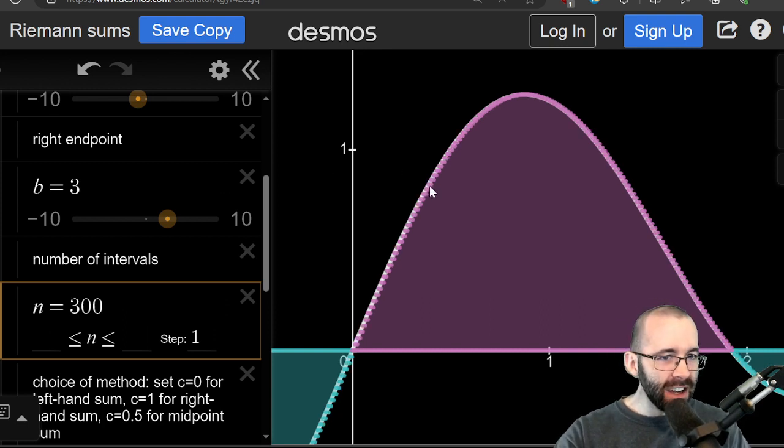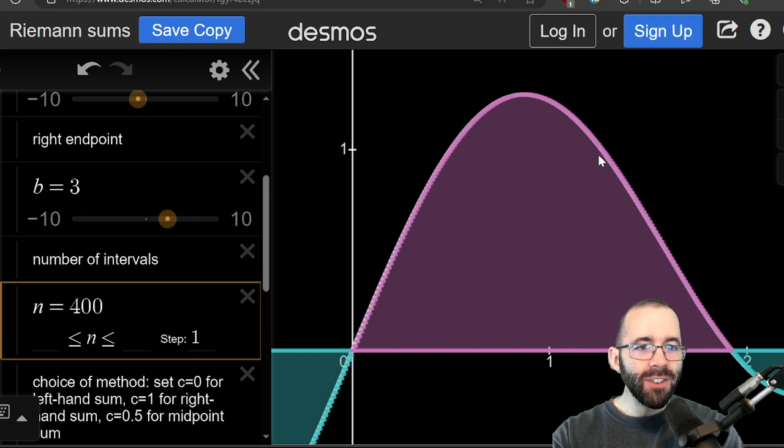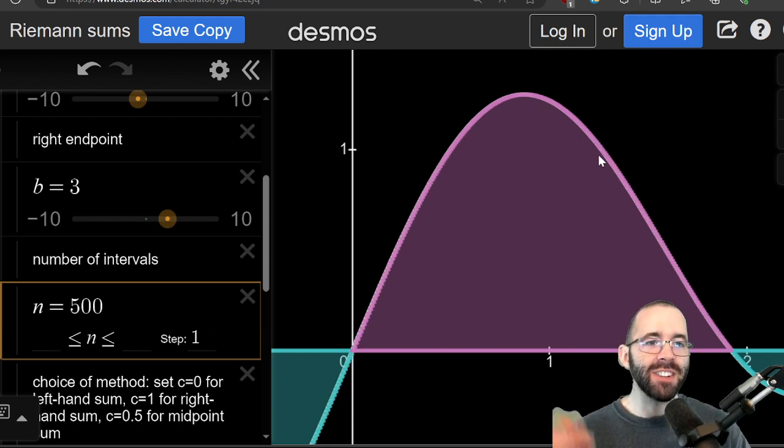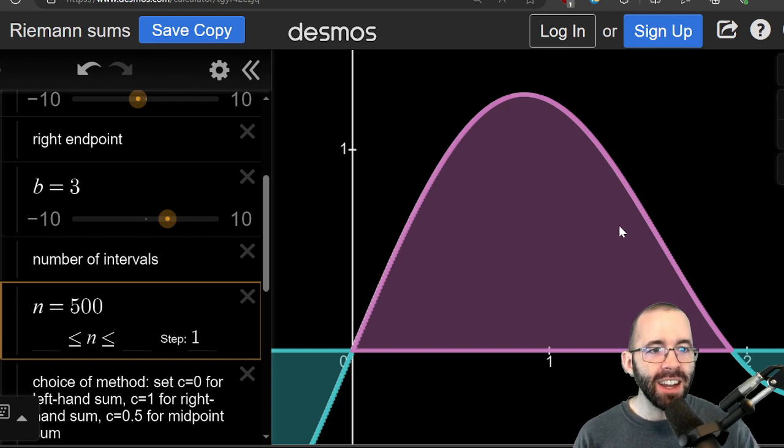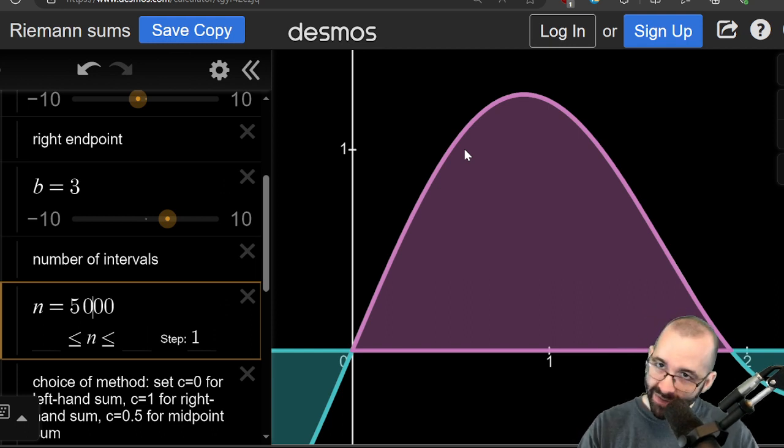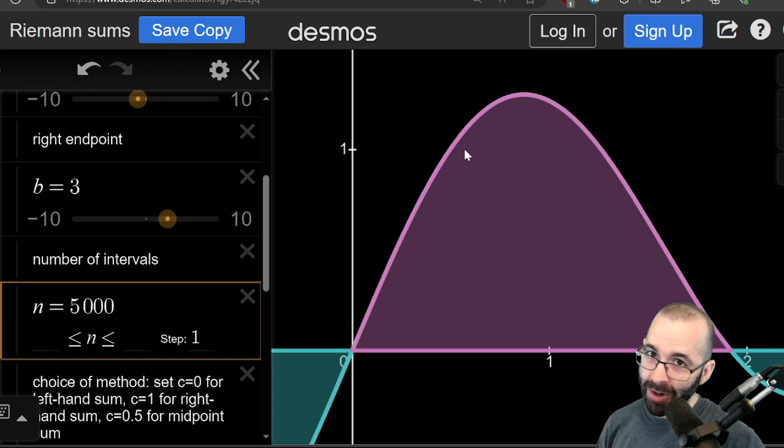We're still undercounting here a little bit, and we're still overcounting here. 400 rectangles, 500 rectangles. Eventually, notice, we're really going to get that area. So that's pretty cool. Now, you might say, Jason, I hope you're not expecting us to add up 500 rectangles.